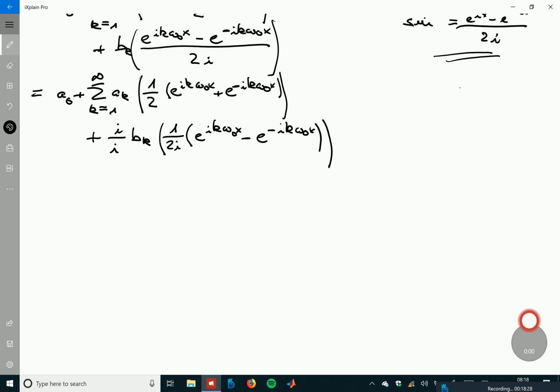Is there a question? Yeah, why this i divided by i? Yeah, it's just a trick so that we get where we want to get, but it's just 1. Yeah, it's just to do this reformulation into the complex Fourier series.